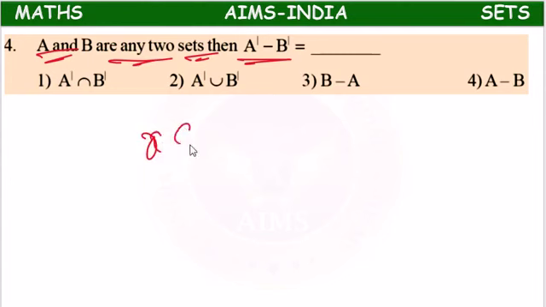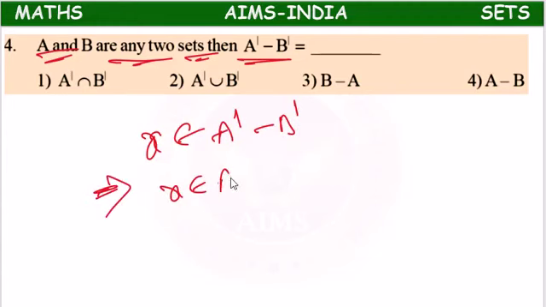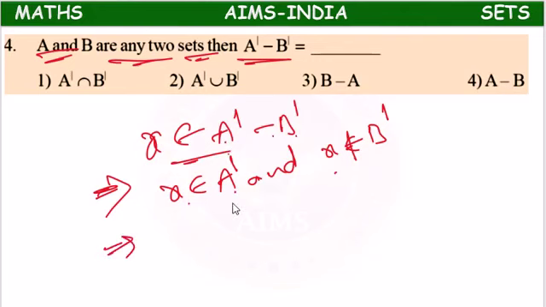There is an element X such that it belongs to A dash minus B dash, which implies X belongs to A dash and X does not belong to B dash. Here minus means only A dash, not B dash. So X belongs to only A dash but not to B dash. Like this we can write.